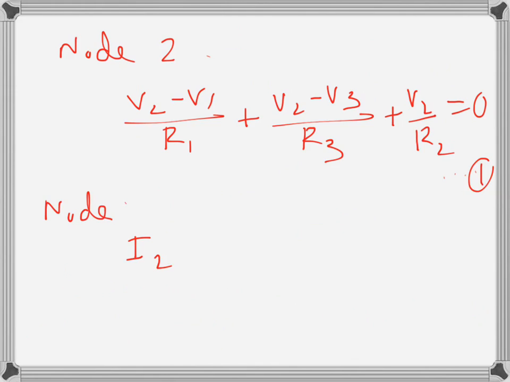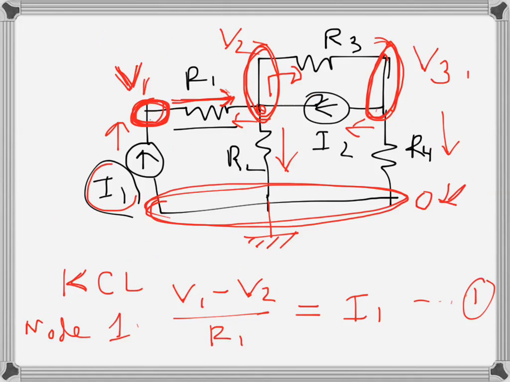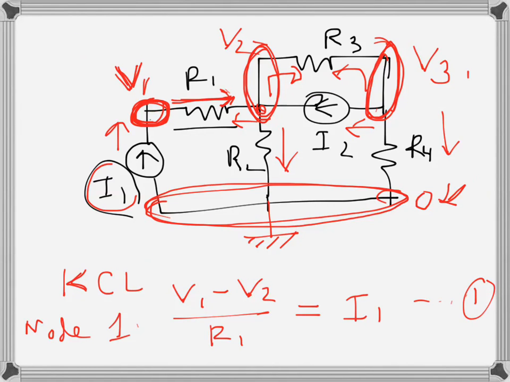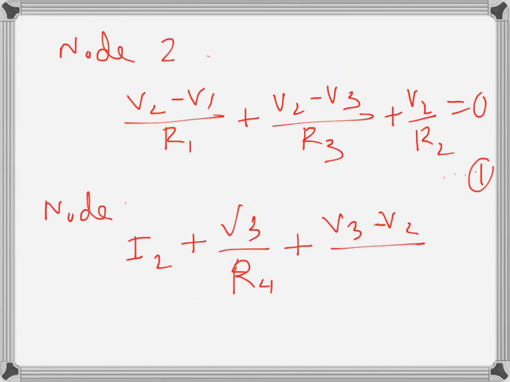Then this current will be V3 over R4, because the other side is ground, plus finally (V3 minus V2) over R3, because this current has to be going away, as I said. It's just the way we write the equation. I am assuming it this way, but later we will see there is a slight benefit, as the equation gets a pattern. So that equals 0, and that's equation 3. So this is 2, this is 3.